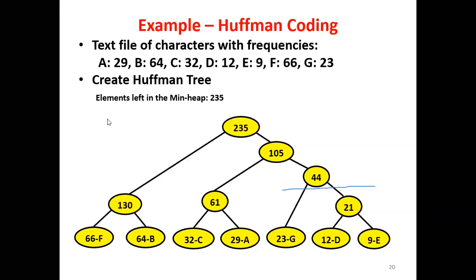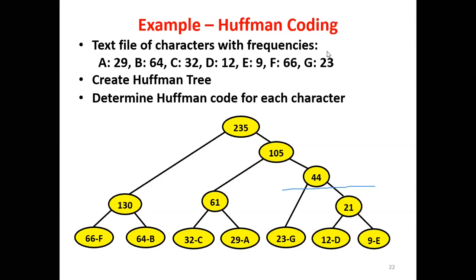That last element is the one that is the min heap, and it will represent the root node. The next thing we have to do from this point is to determine the Huffman code from this Huffman tree.